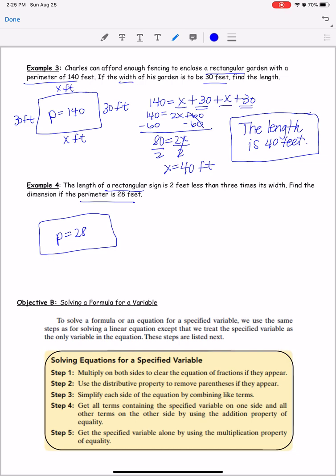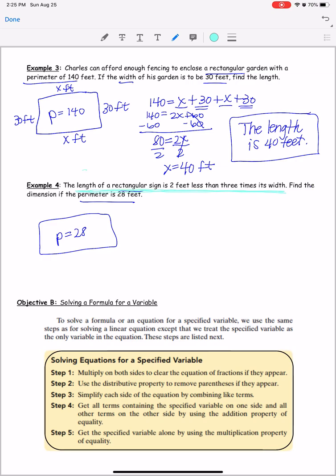Now, when you read this sentence, the length of the rectangular sign is 2 feet less than 3 times its width, which of these do we have no information about?